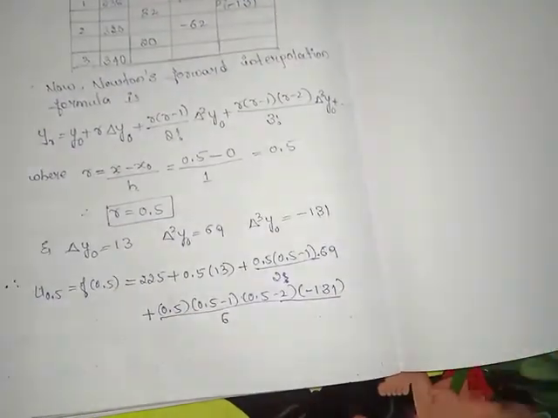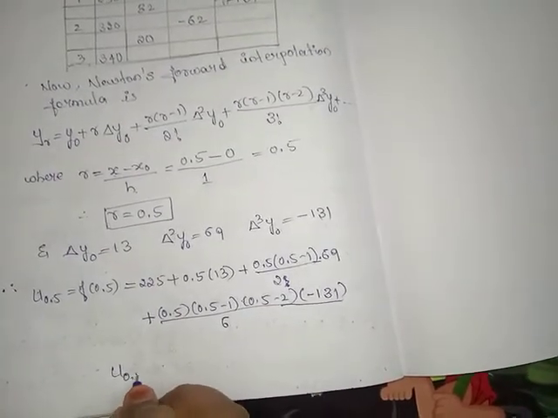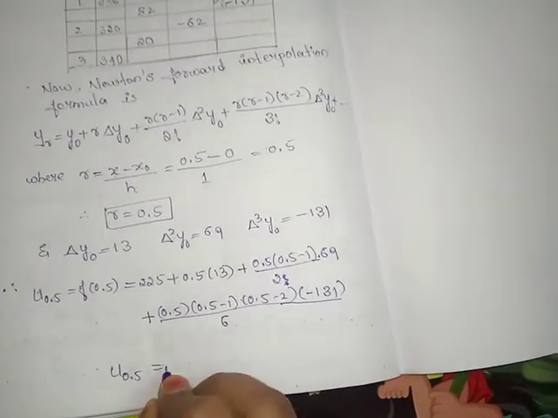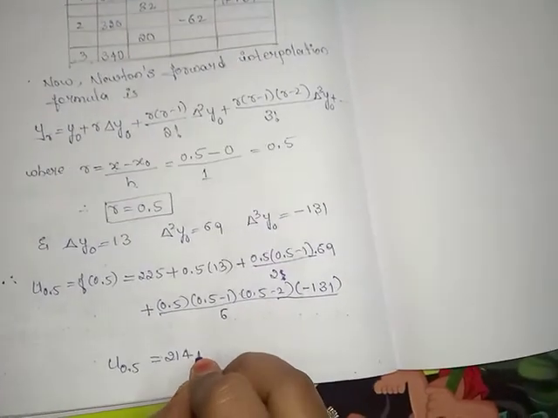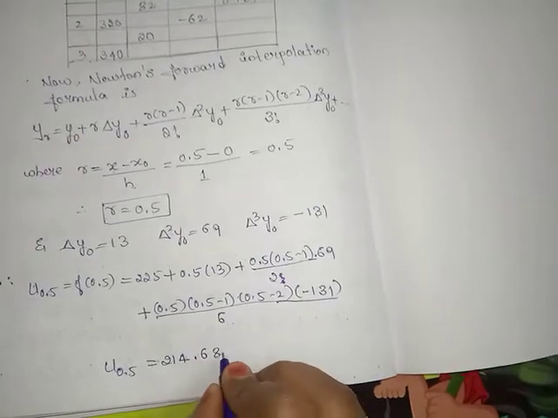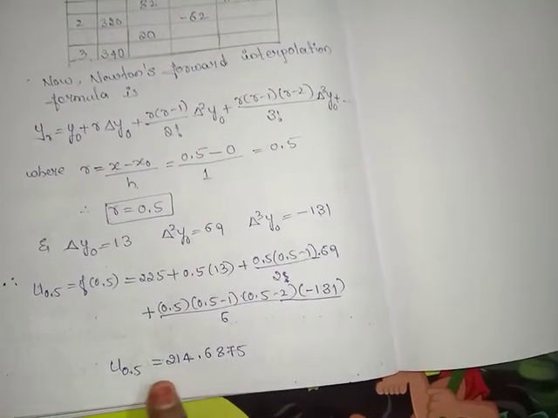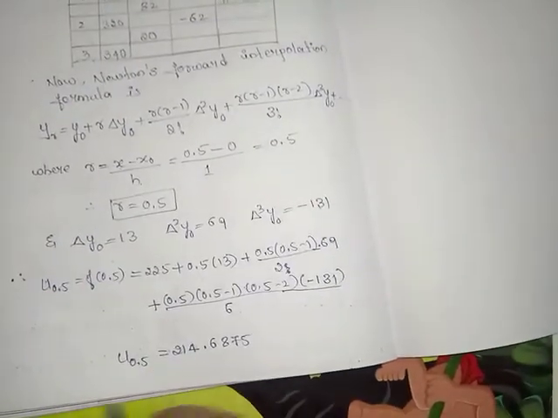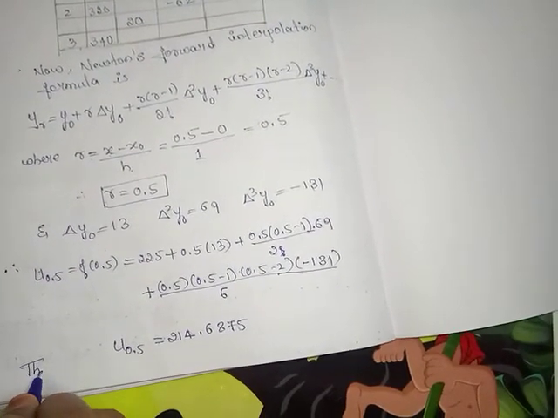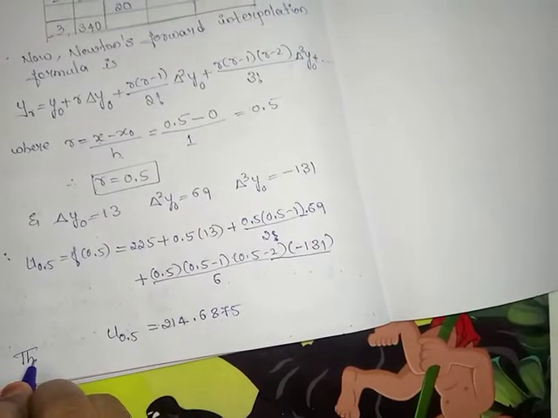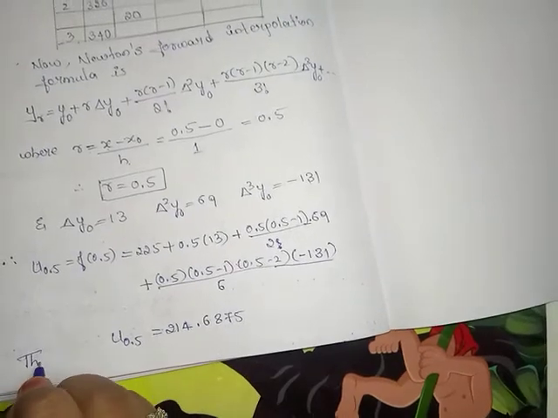Calculate these values. You will get y at 0.5 is equal to 214.6875.